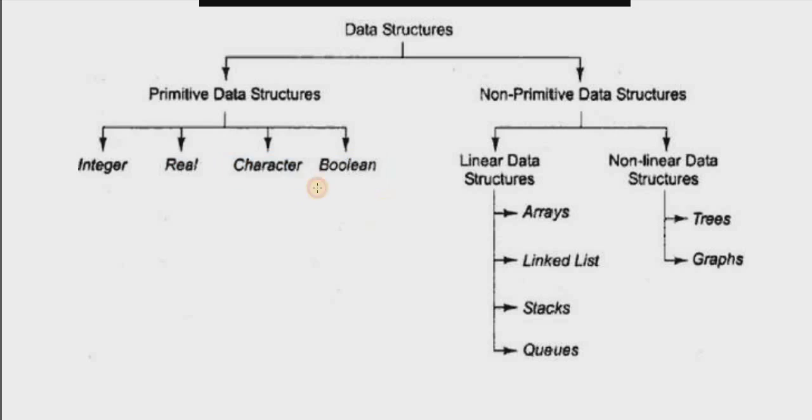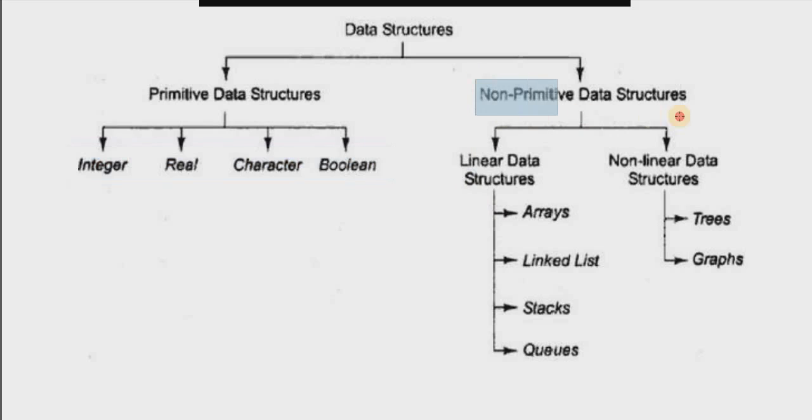Next is character data structure. Characters means A, B, C, D. This data is called character data. And Boolean. Boolean means true and false. So these are the types or examples of primitive data structure.